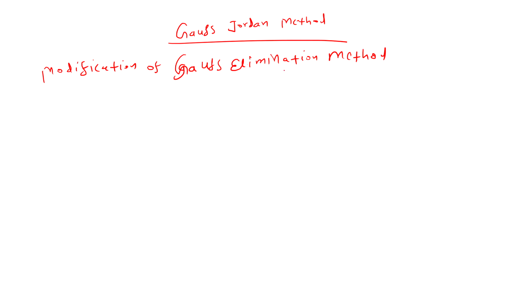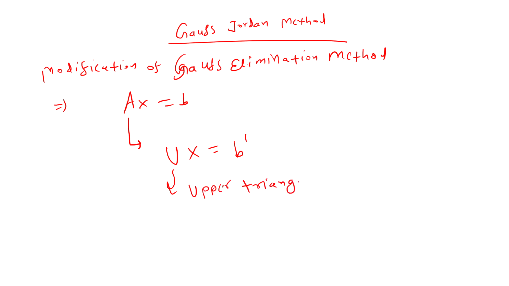So in the Gauss elimination method, basically we had Ax = b, and from this A we were trying to convert this matrix into Ux = b prime, where U was an upper triangular matrix. So that was the idea, that somehow with the help of row operations we were trying to convert matrix A into an upper triangular matrix.